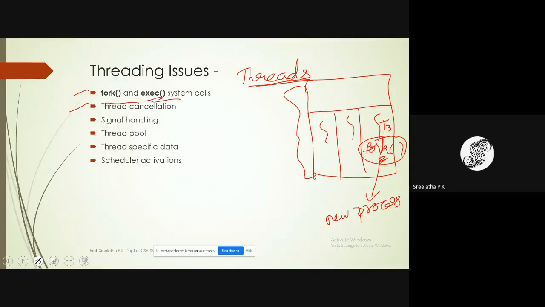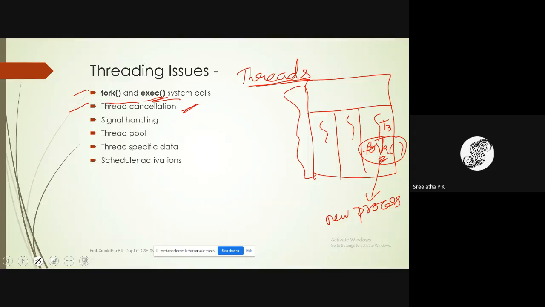And what is exec? We will see thread cancellation. You have seen process cancellation, how a process is cancelled. Cascading cancellation: whenever a particular process is not required, the parent process can terminate the child processes. You have seen the conditions when the child process can be terminated.